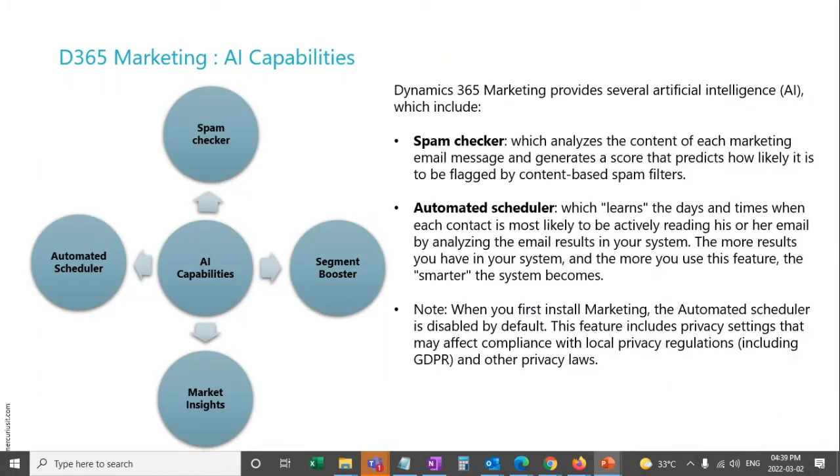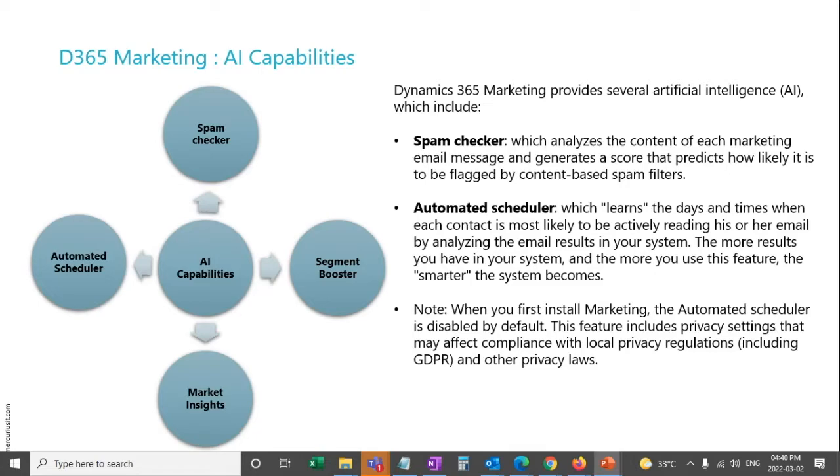Now, this is one of the strongest features of Dynamics 365 Marketing, where there are inbuilt AI features in the system. We have some salient features like the spam checker, which reads through the email that you have created. It will determine the chances of that email being considered spam by the email client.